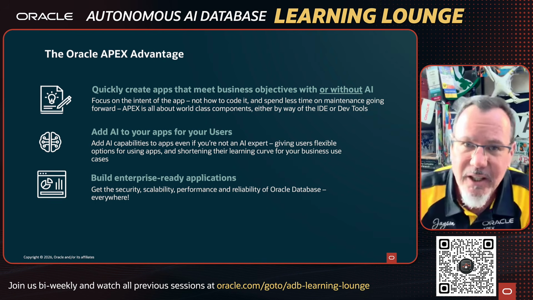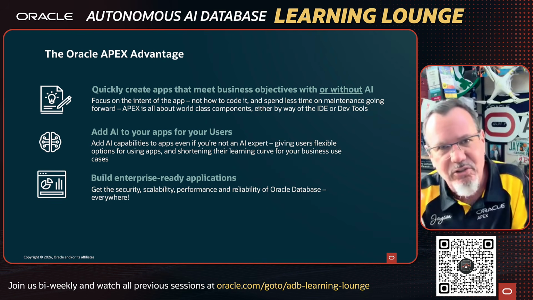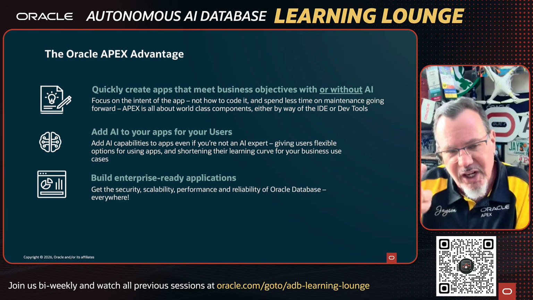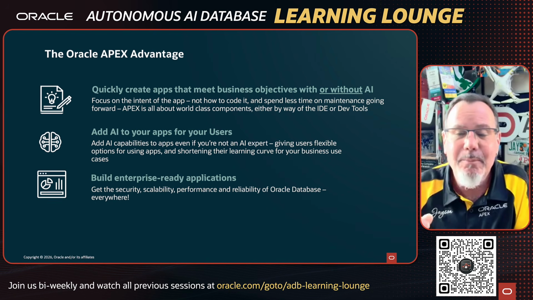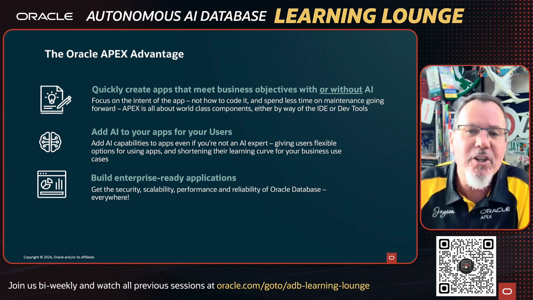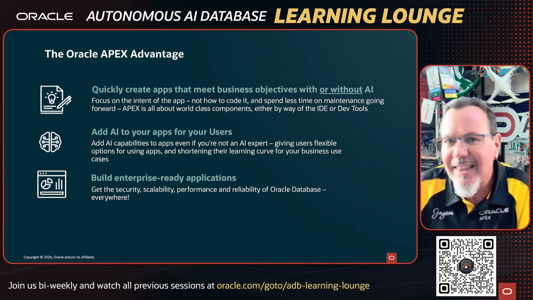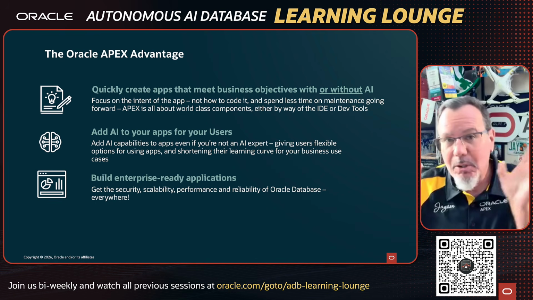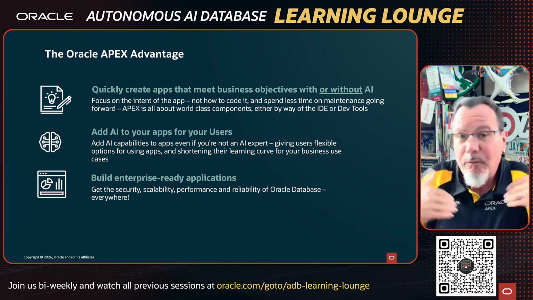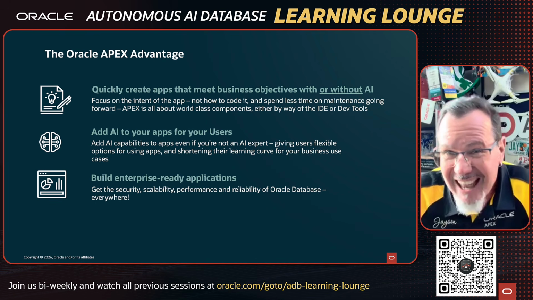In addition to the developer side of the coin, we have the end user experience side of the coin. So there are two sides. AI can be added to your apps to benefit your users using the features that APEX delivers. Most of them are available to end users from you as a developer with no code. That's huge.